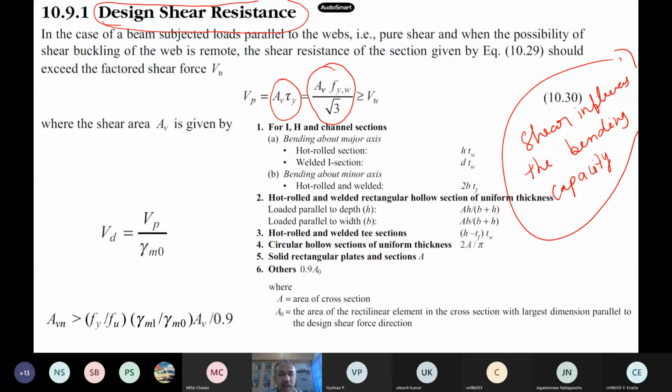Generally, if your beam is made up of I sections, which one will carry shear? Generally shear is carried by the web for an I beam. So you can calculate the area: for hot rolled sections, H times tw, and for welded sections, D times tw.